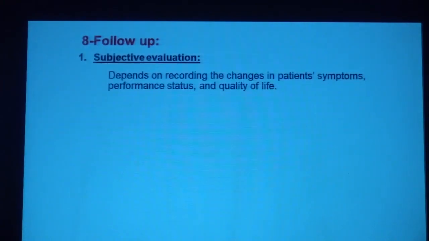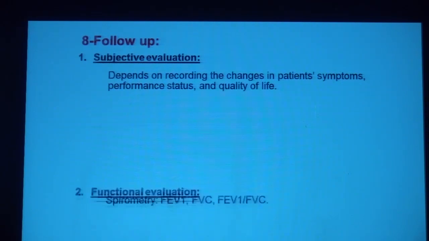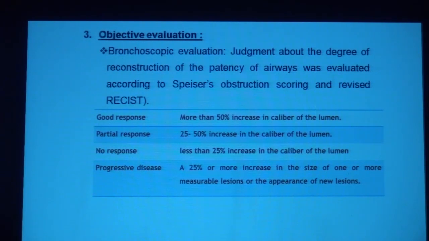Follow up of the patient was according to the symptoms, clinical signs, radiology, and pulmonary function. There is objective evaluation of the endobronchial obstruction according to the Spicer obstruction scoring and revised RECIST.